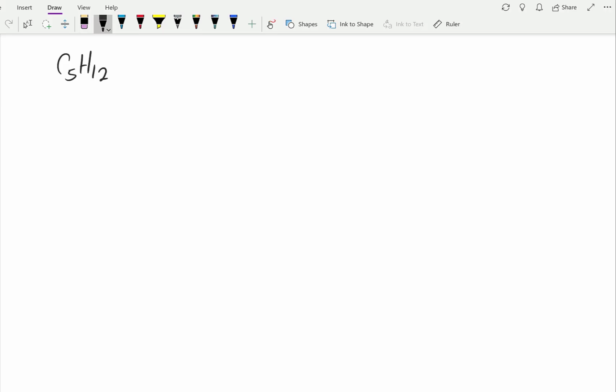The first isomer which I can draw is the straight chain hydrocarbon. But before drawing the structure, we must identify if this molecular formula belongs to alkane, alkene, or alkynes. You can see the relationship between the carbon and hydrogen is CnH2n+2. So this suggests that I have the alkane hydrocarbon.